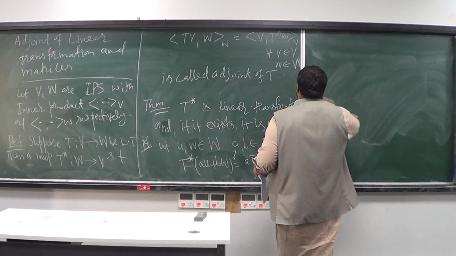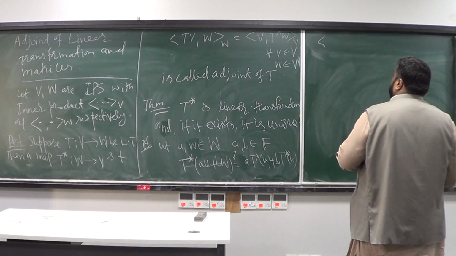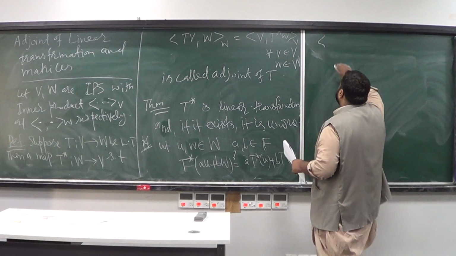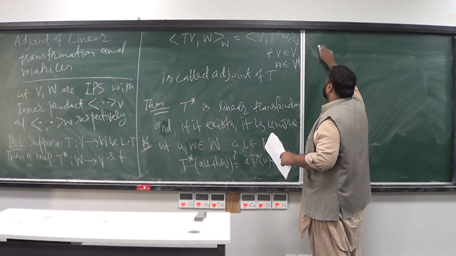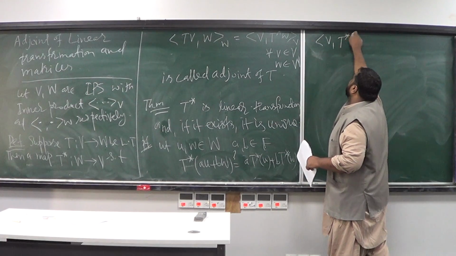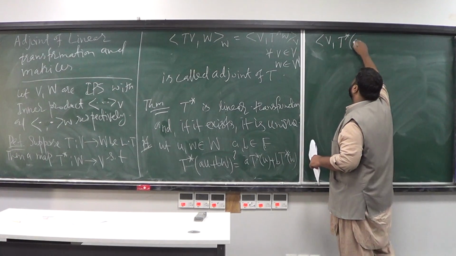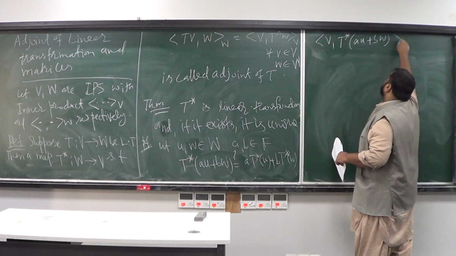And in order to verify this, I'm going to take a vector V from V, and take its inner product with, say, T star of AU plus BW.